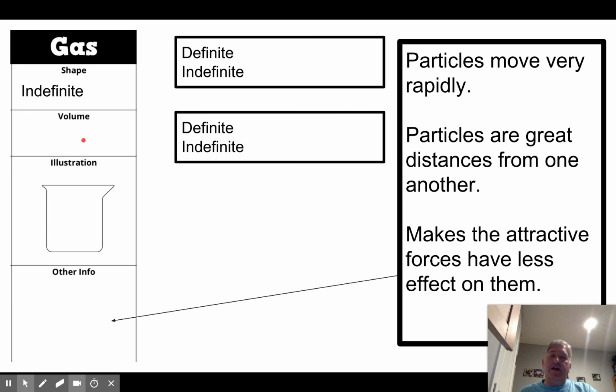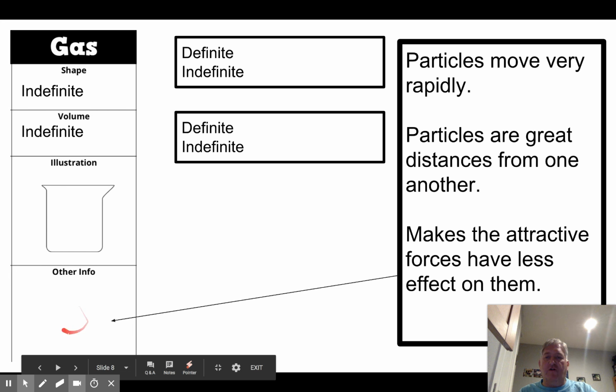We know that liquids and solids have a definite volume, but because gas particles have such movement, it's safe to say that its volume is indefinite, because you can compress the gas or expand the gas, and that will impact its volume. We'll talk about that later on in the class. And this information will go into your other info piece.